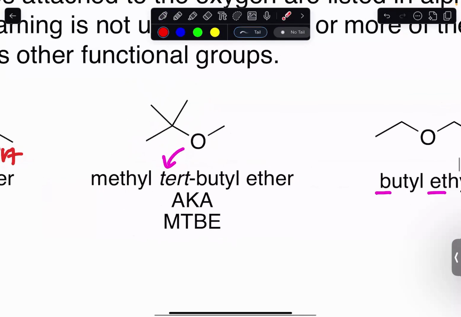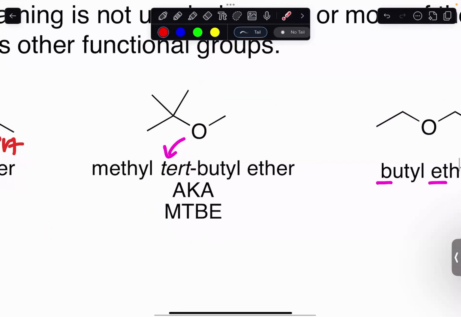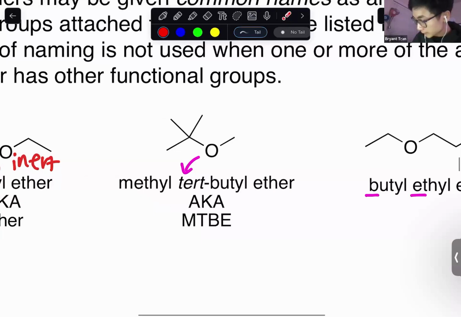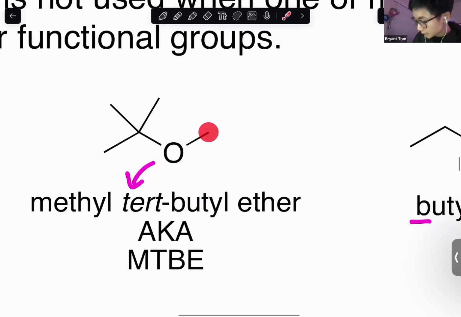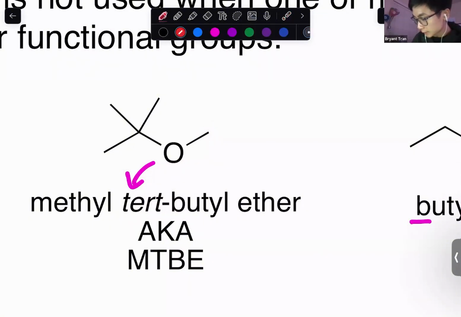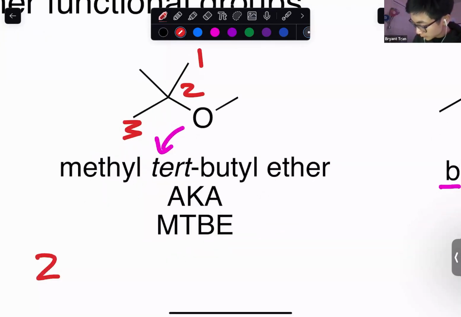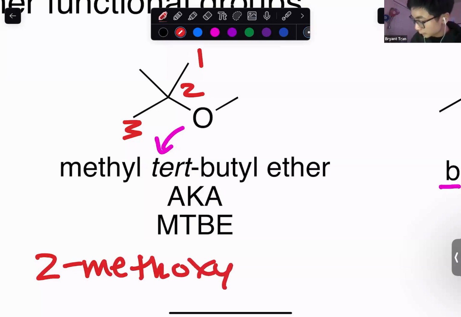I have a question on that one. Why wouldn't it be methoxy, like methoxy tert-butyl? If the longest chain was this one right here, 3 carbons long, we could say that we have a methoxy and also a methyl.